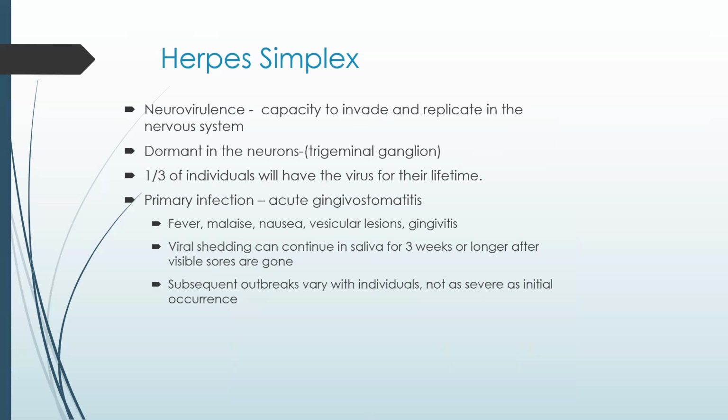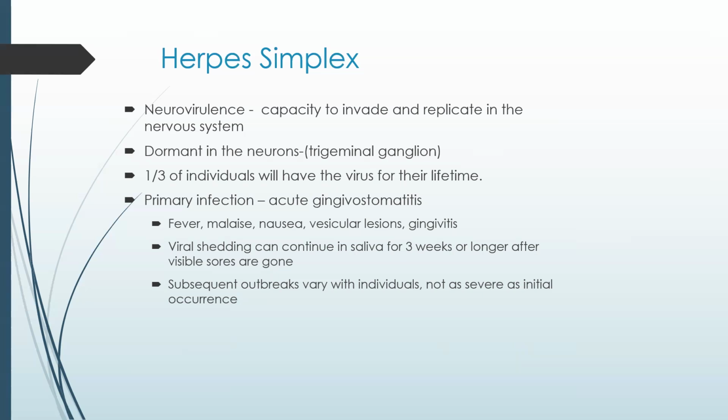Other people clear it. There are studies that say about 98% of people have come in contact with the herpes virus, but a large percentage clear the virus and never show signs or symptoms, whereas some people will get recurrent lesions on a regular basis.